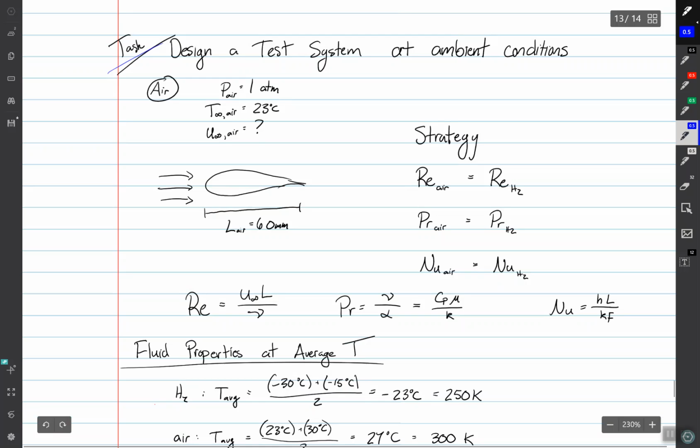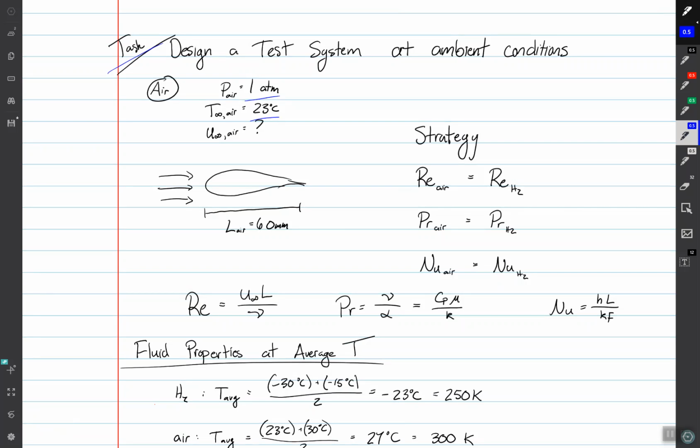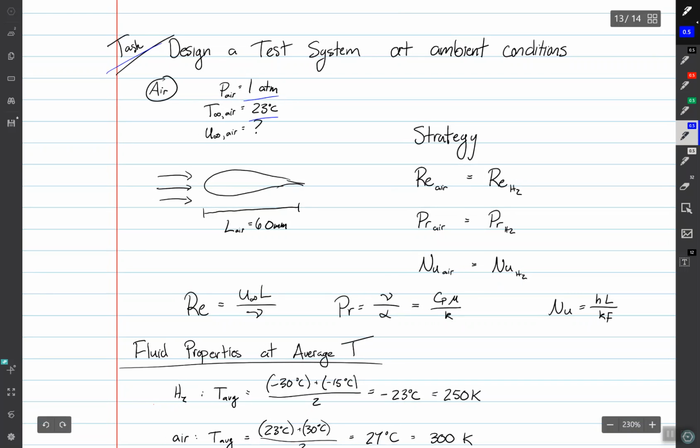So our strategy is to make it so that if the Reynolds numbers are the same and the Prandtl numbers are the same, then the Nusselt numbers are the same. This is the strategy of similarity.